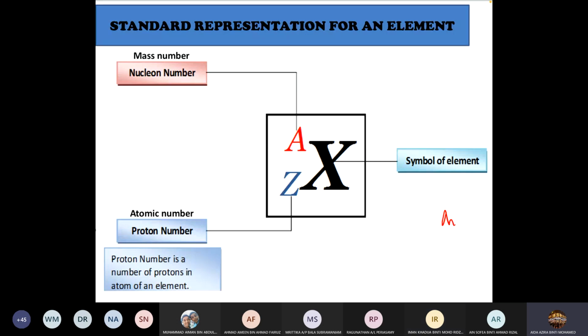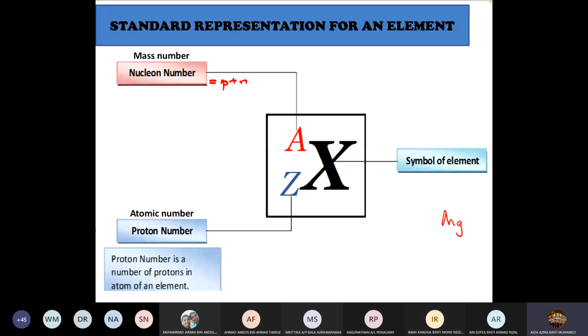Okay. Then, we have two numbers, A and Z. The top one is usually the nucleon number. If you still remember, the nucleon number is the total of what? Who remembers? Nucleon number is the total of proton plus neutron. Very good.